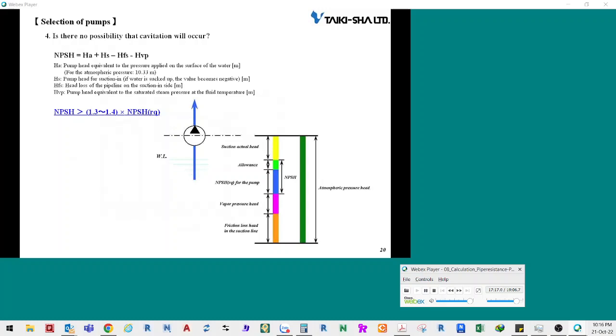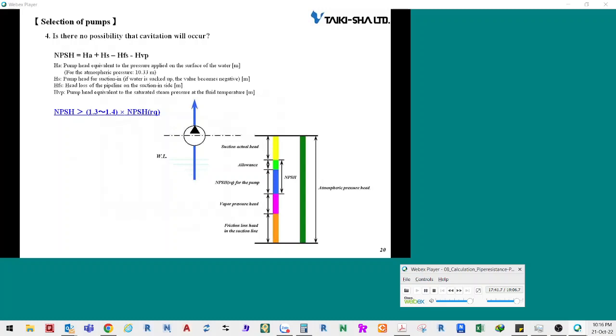Additionally, if a pump is operated while under cavitation, severe corrosion occurs at the cavitation-generated portion and causes the pump to break down. To prevent cavitation, the effective suction head must always be larger than the required net positive suction head. This is very important.